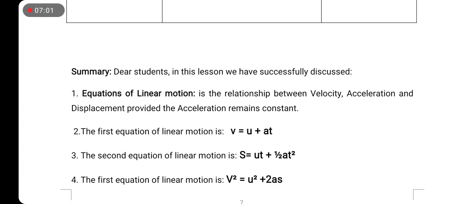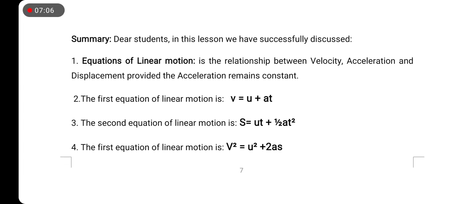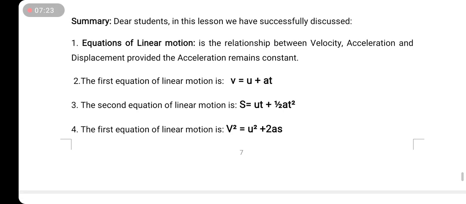Dear students, in this lesson, we have successfully discussed: 1. Equation of linear motion, which is the relationship between velocity, acceleration, and displacement, provided that the acceleration remains constant. 2. The first equation of linear motion, which is V is equal to U plus AT. 3.